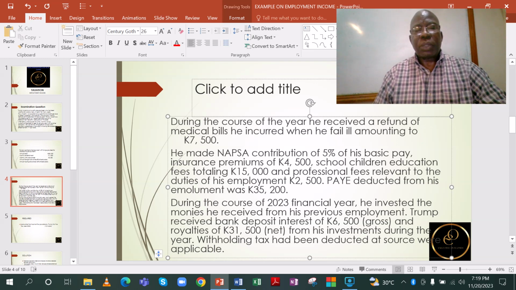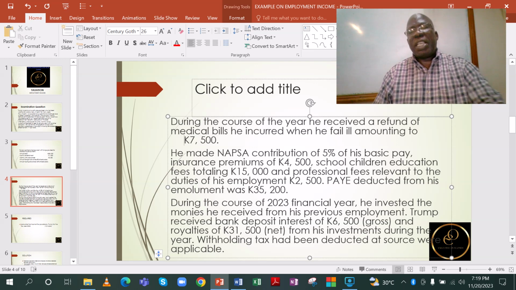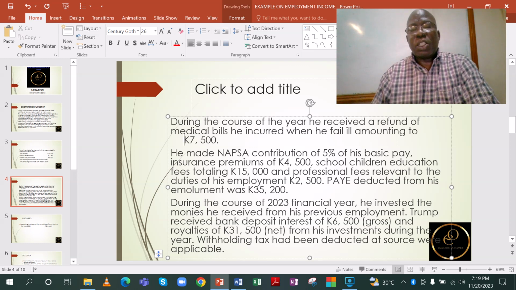He made NAPSA contribution of 5% of his basic pay, insurance premiums of 4,500 Zambian kwacha, school children education fees totaling 15,000 Zambian kwacha, and professional fees relevant to the duties of his employment 2,500 kwacha. Pay as you earn deducted from his emoluments was 35,200 kwacha.